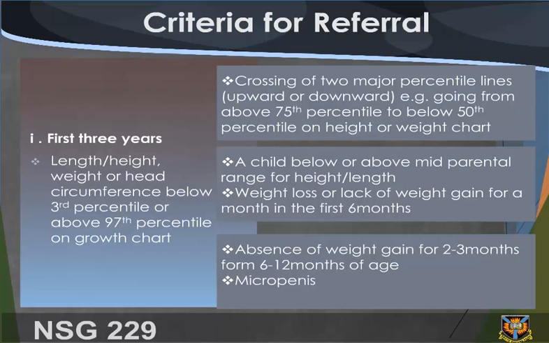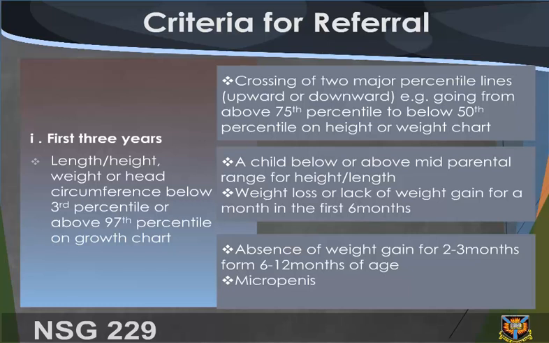A child below or above mid-parental range for height or length, weight loss or lack of weight gain for a month in the first 6 months. Absence of weight gain for 2 to 3 months from 6 to 12 months of age.